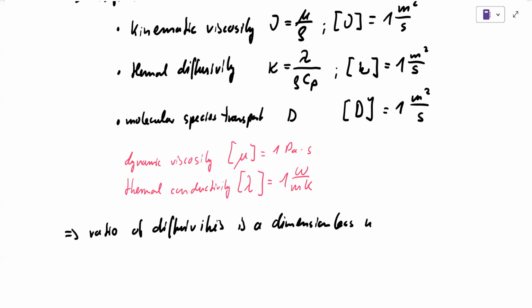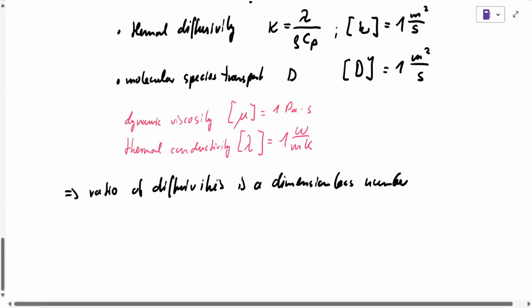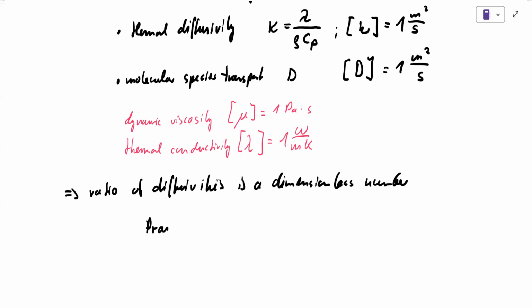is a dimensionless number. And of course, all of you know that we can use dimensionless numbers in order to simply predict what will happen with the physics in our case, for example, with the Reynolds number, whether it is laminar or turbulent or whatever.